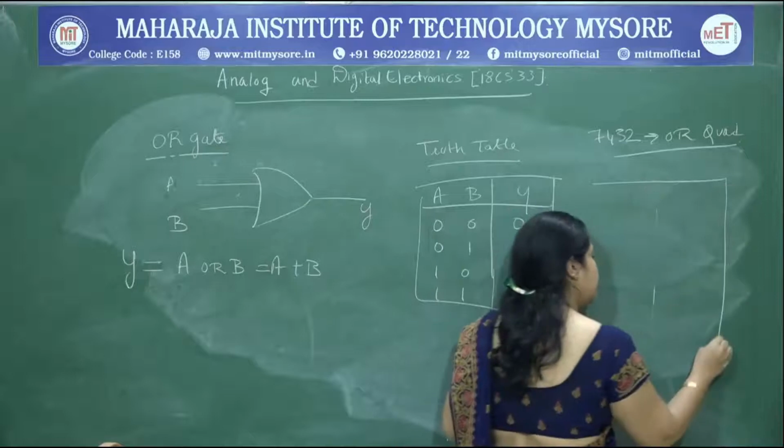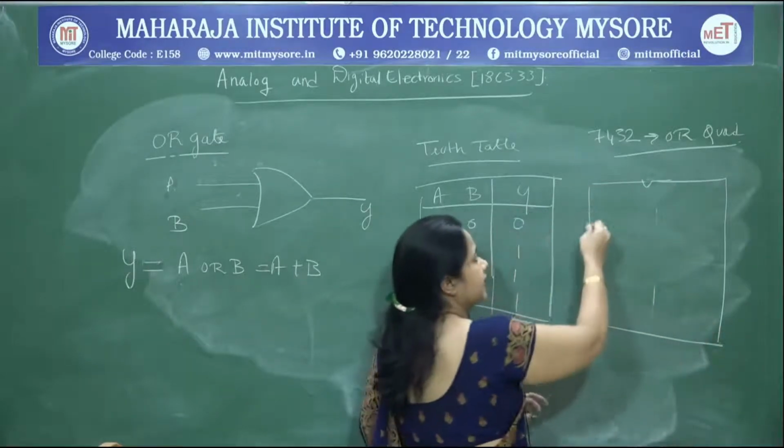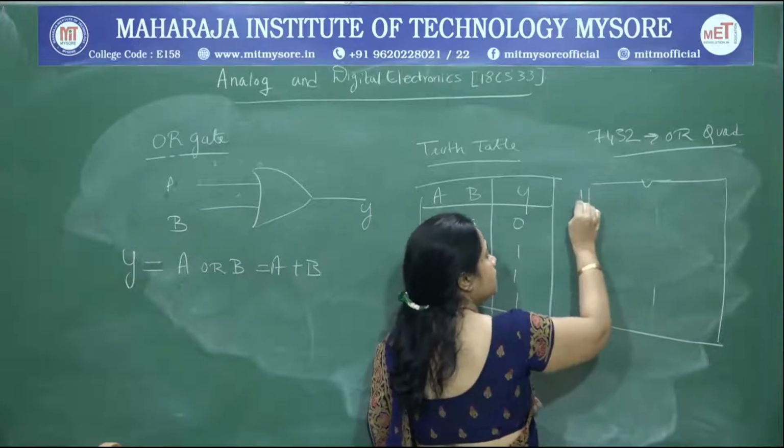So, it is again a 14 pin IC. This is a notch indicating the IC should face upwards like this, and this is 1.